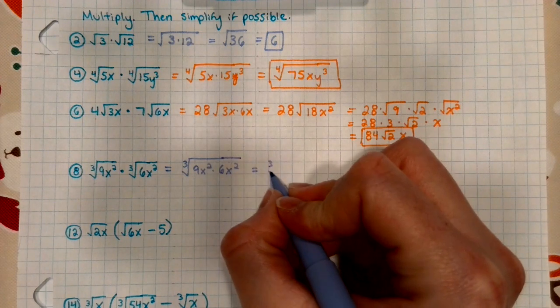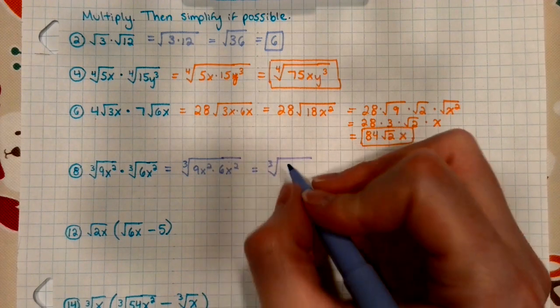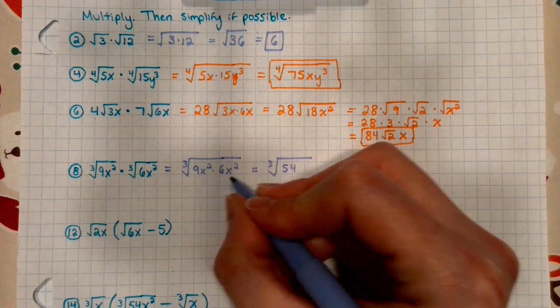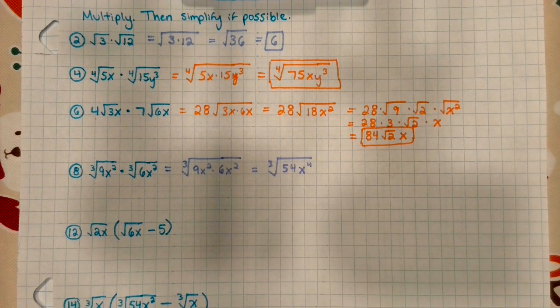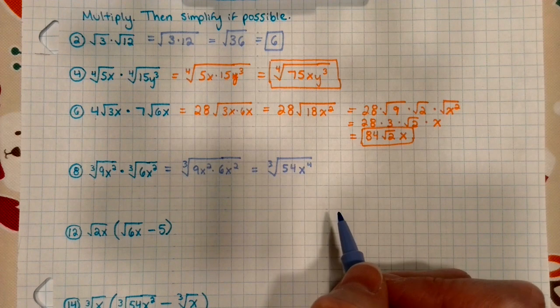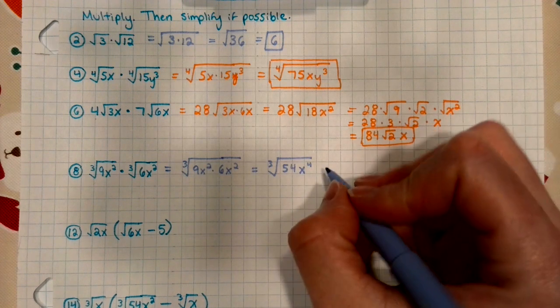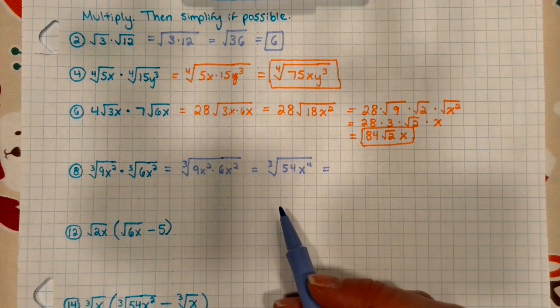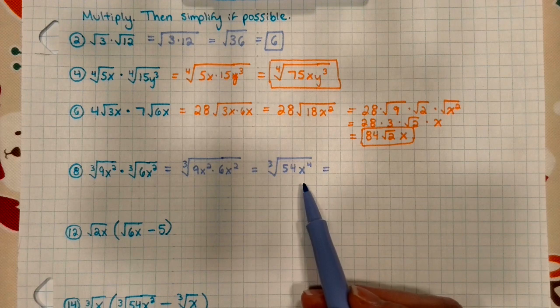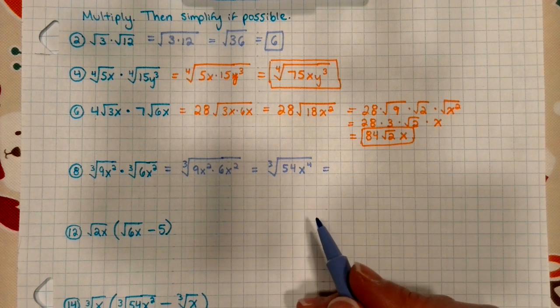Multiplying that out, we'll have the cube root of 9 times 6, which is 54, and then x squared times x squared would be x to the 4th power, because again, with our rules of exponents that we were introduced to back in chapter 5, you add those exponents, so 2 plus 2 gives us 4. So now we have to figure out, okay, is there any perfect factors for 54 that we can take the cube root of? And same with the x to the 4th, and we can actually do both of these and find factors that we can take the cube root of.